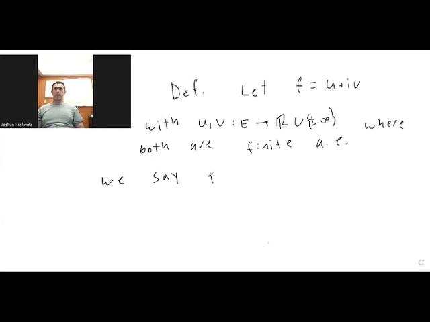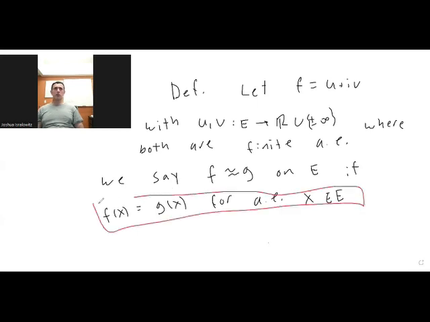We say f is equivalent to g, strictly speaking, on E, if this is going to be true for almost every x in E. So if f equals g almost everywhere on E, we say f is equivalent to g. And another definition.